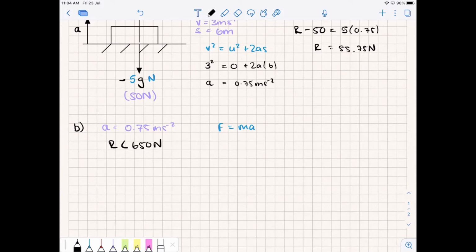One block weighs 5 kilograms, and I don't know how many blocks can go on the pallet yet, so I'm going to say 5x. I know that each block weighs 5 kilograms, so the total mass of this object will be 5 times however many blocks there are.